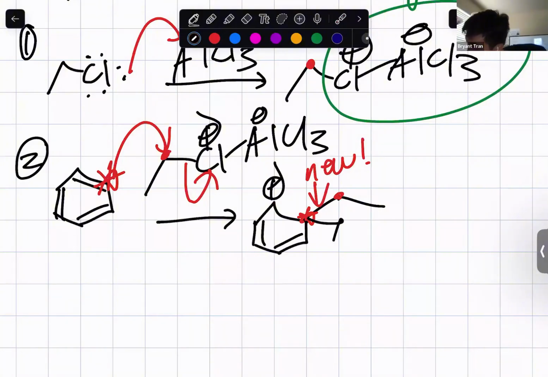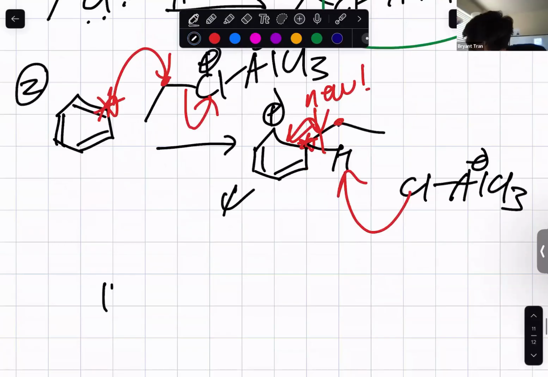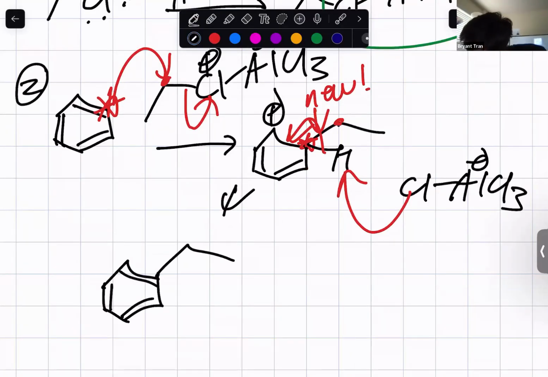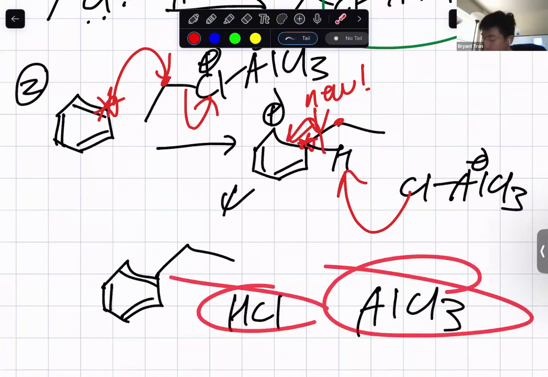And to restore the aromaticity, we could use the base that we just kicked out to do an elimination reaction and restore aromaticity. Forming HCl as a byproduct and the metal Lewis acid catalyst AlCl3 again, right?